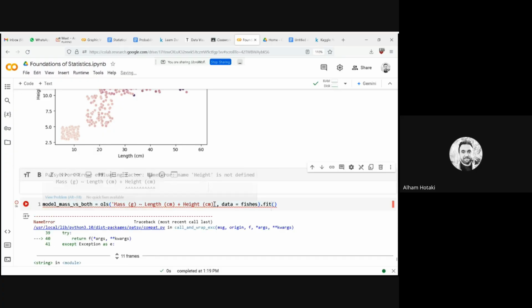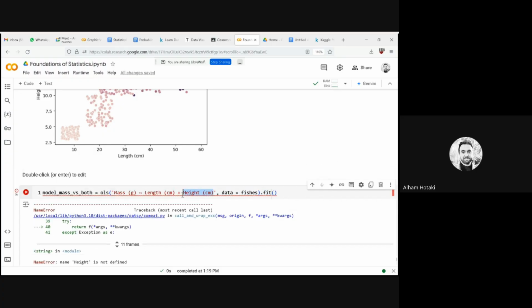Maybe one more thing. I just want to check the columns here, the exact names of columns sometimes. So this is the height. One more thing maybe here. The problem. I understand now what the problem is.